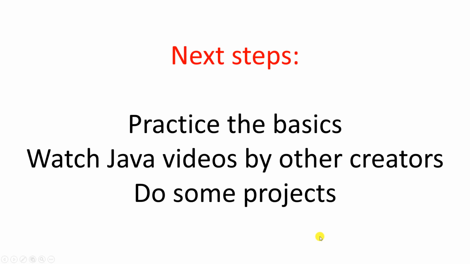You have to practice the basics. You have to practice and practice again. It is not enough if you watch the video once and practice it once. You have to keep on practicing till you have become well versed with the basics.